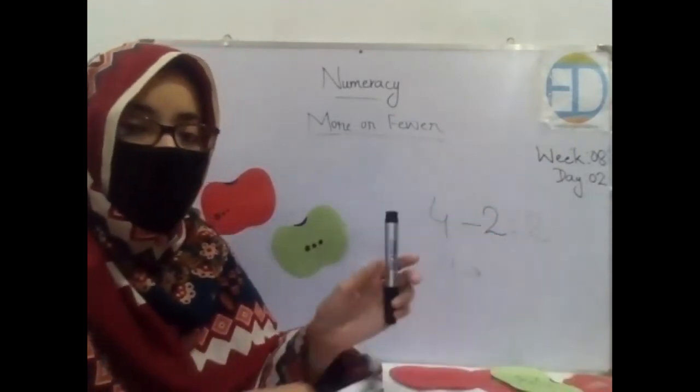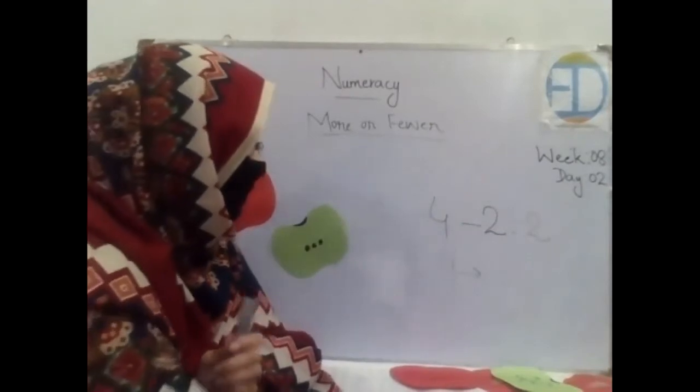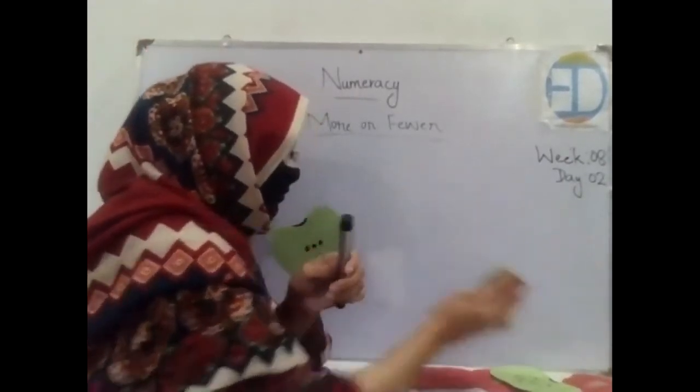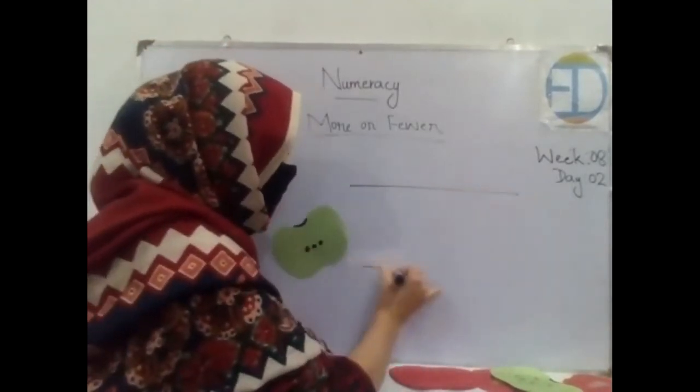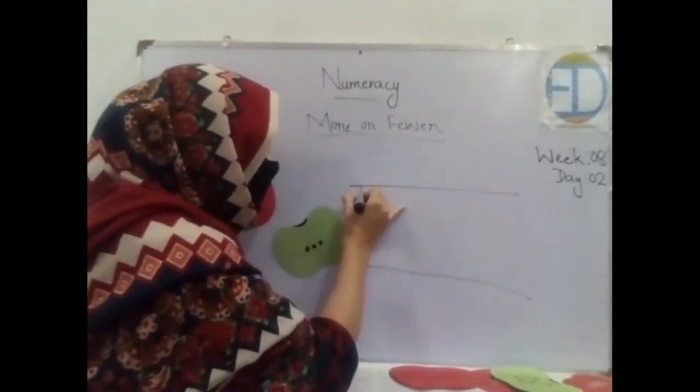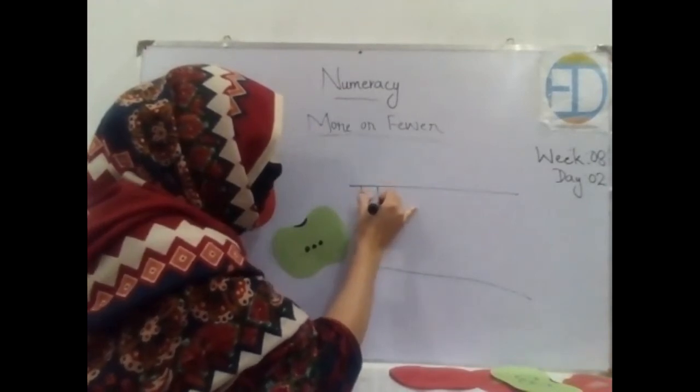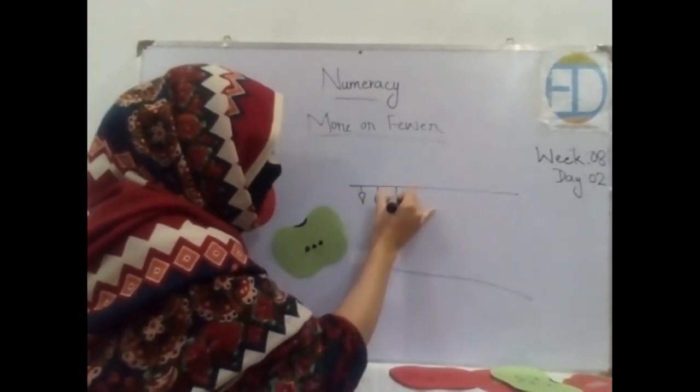Now consider it in this way. Look at the board. Consider it as two rods, and consider them as fishes, okay?